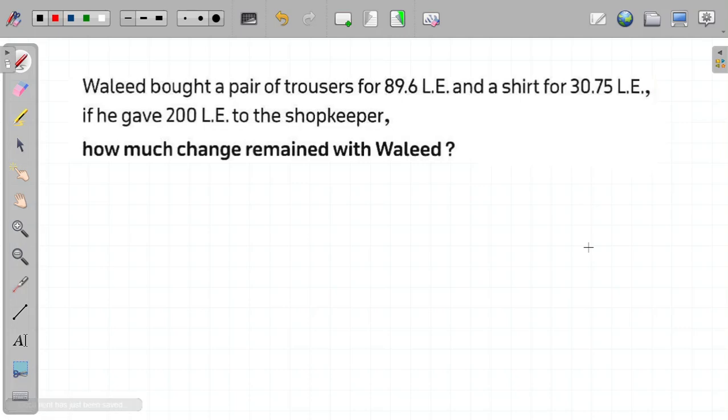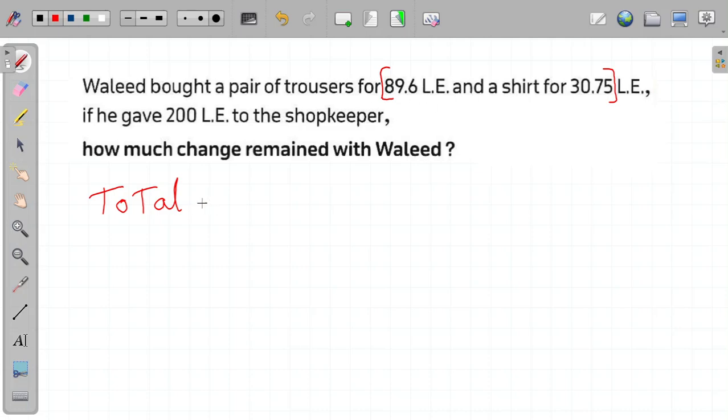So I want to find the total of what he pays, and after that I will subtract the total from 200 pounds. So first I will find the total that he pays for the trousers and the shirt.